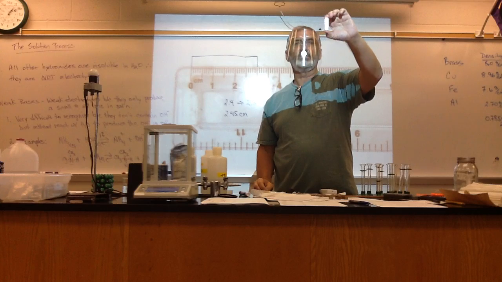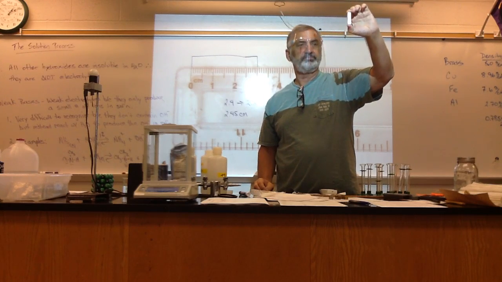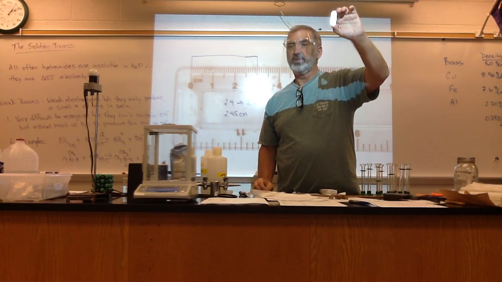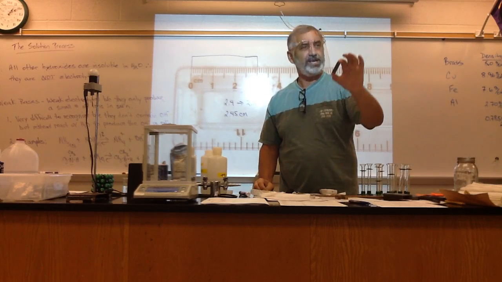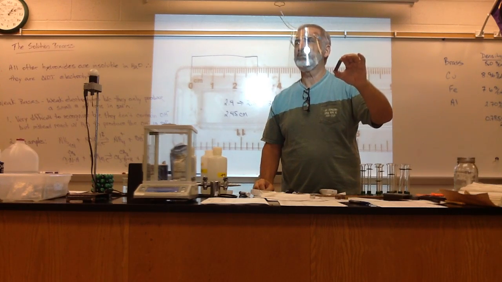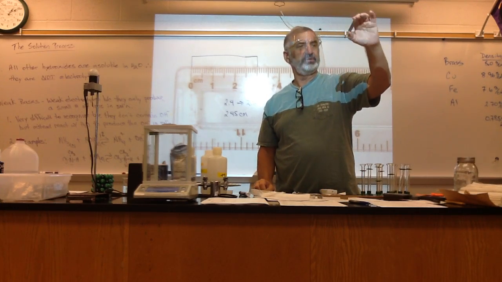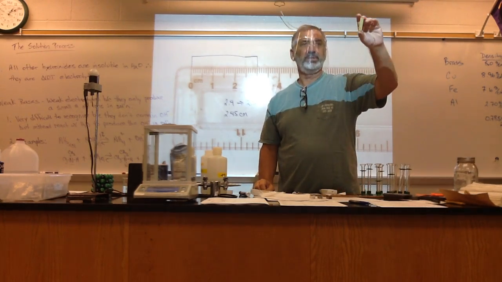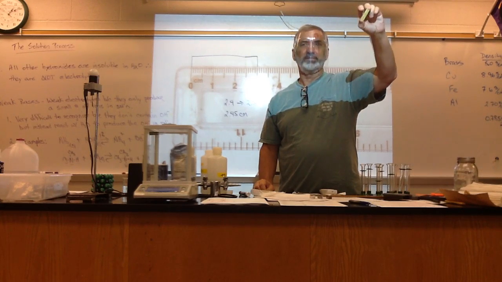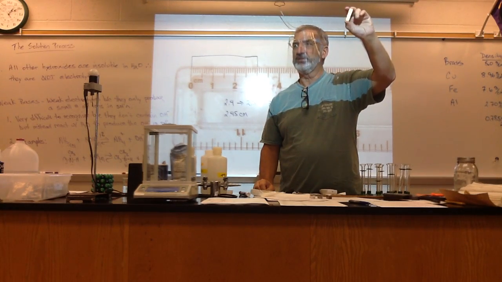And the light silver one is aluminum. What's the symbol for iron? Fe, it comes from ferrum. Copper is Cu, and brass has no abbreviation because it's a mixture of things.